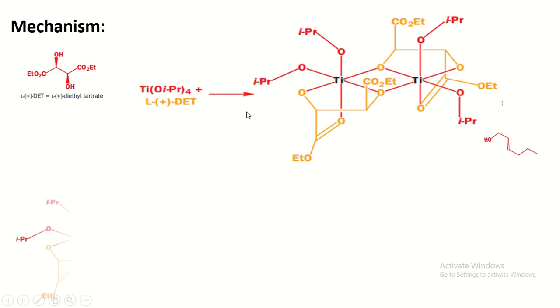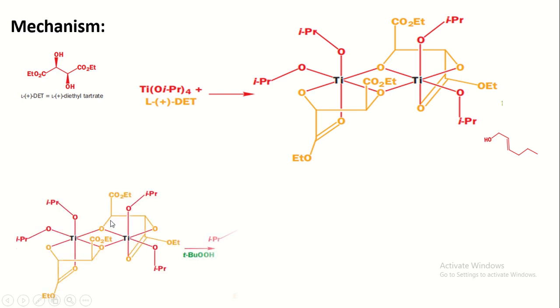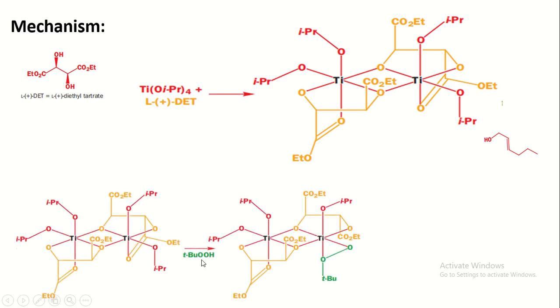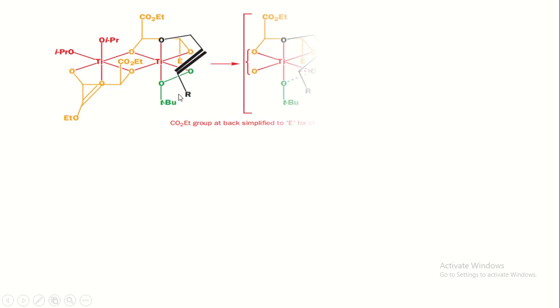Then on this dimeric complex, the oxidizing agent approaches from the bottom side to give a complex like this. After that, the reactant allylic alcohol approaches the complex from the top face like this. Then the complex forms in which the two oxygens are present at the bottom side with respect to the double bond.